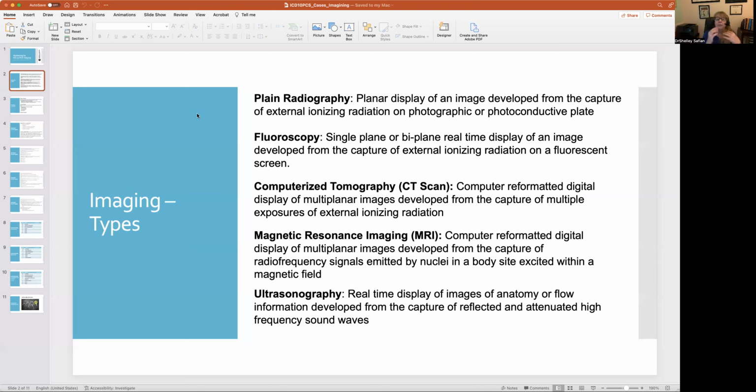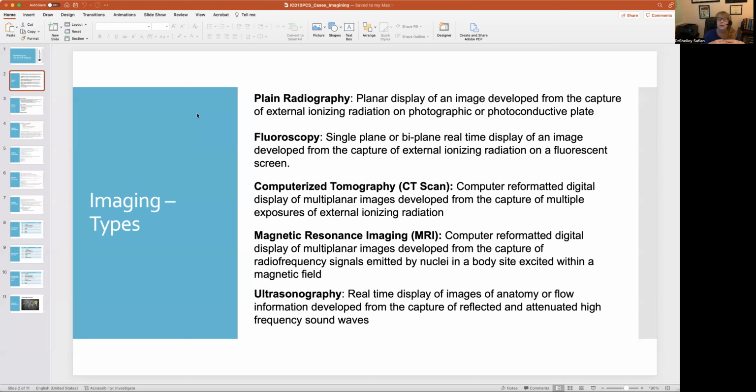And again, this is what we keep talking about with regard to alternate terminology. You may always call it a CT scan. Some people call it a CAT scan. Some people call it computerized tomography. You don't know what it's going to say in the documentation, but you have to know that a CT scan, a CAT scan, and a computerized tomography are all the same exact thing so that you can code it accurately.